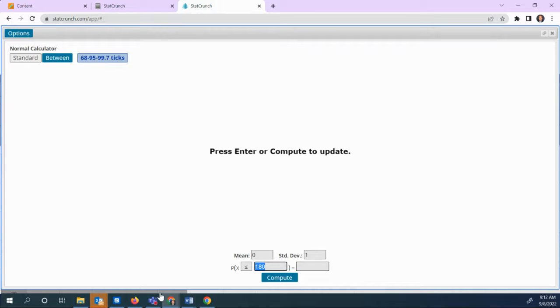Get my calculator. I thank you for doing that. Okay, so the difference is 28.3, and I divide that by the standard deviation. Yep. So that would be 0.775 or so.